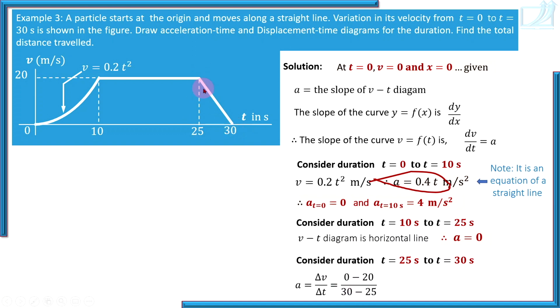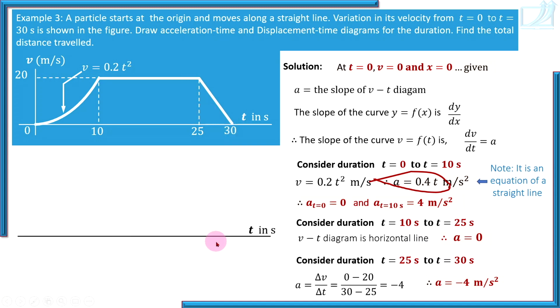Final velocity 0, initial velocity 20, and its base is 30 minus 25, that is 5. So what is slope? Minus 4. Of course it is downward slope, so you should get negative answer. So acceleration is minus 4 meters per second square, and it is constant. Vt diagram is a straight line, means slope is constant.